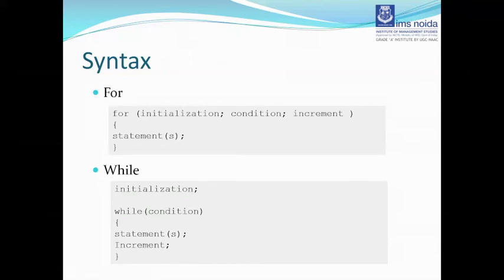Do remember that in the syntax, initialization and increment are not part of the syntax. You need to mention them separately. The initialization of the counter should be done before the condition checking of the while loop, before implementing the while loop.